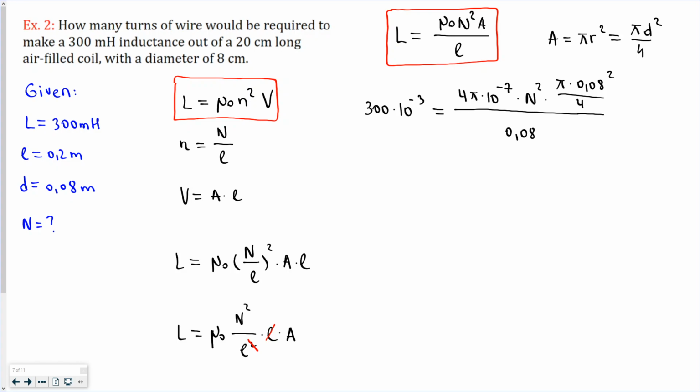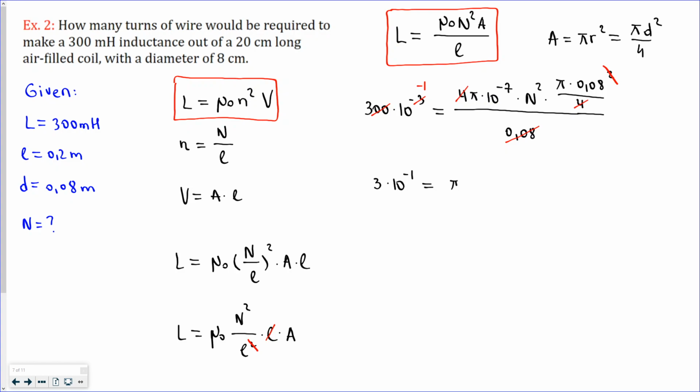Okay, let's write. This is 10 to the power 2, this is minus 3, it will be minus 1. So we have here 3 times 10 to the minus 1, and it equals to, here we can cancel this 4 and this, also we can cancel this and this, and what do we have?